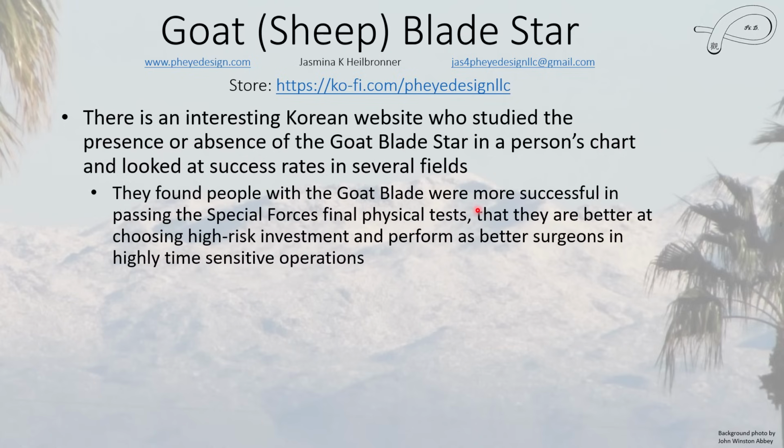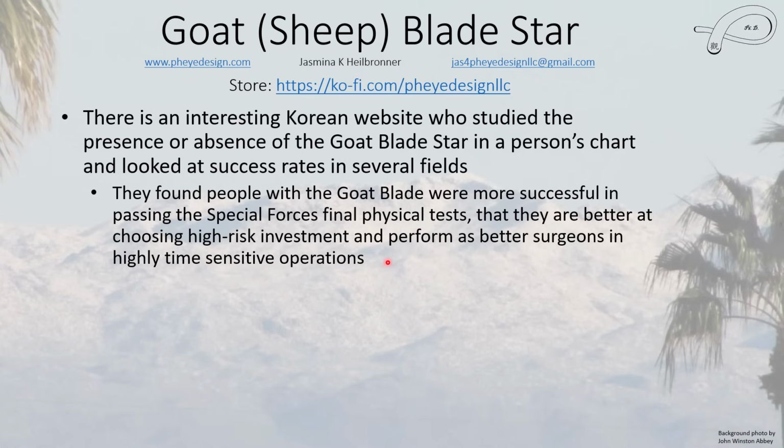Now they found people with the goat blade were more successful in passing the Special Forces final physical exams. So this has to do with athletics. There are some tests they have to do to become Special Forces, and I'm assuming this is Special Forces in Korea, although that is not clearly stated.